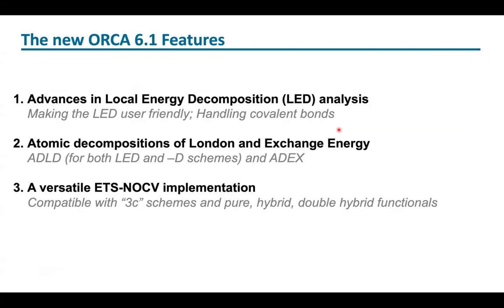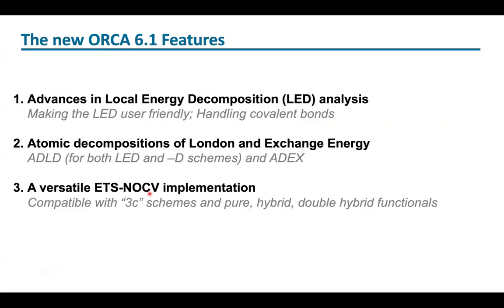In the second part of the talk, I will discuss new features developed in ORCA that allow the analysis of dispersion and exchange interactions with atomic resolution. And as I mentioned, these tools open up many possibilities for the design of molecules and materials. And finally, I will present the new implementation of the extended transition state method combined with the natural orbitals for chemical valence, which is commonly known as the ETS-NOCV method.